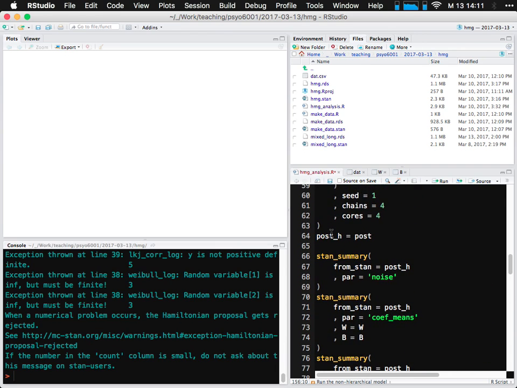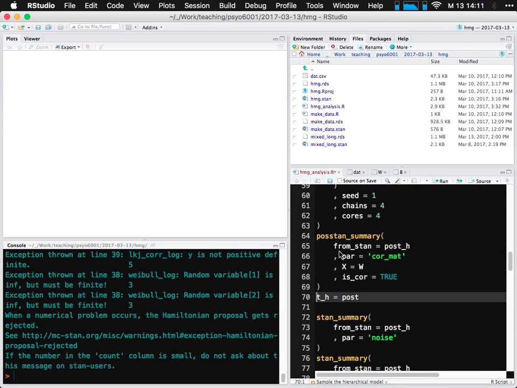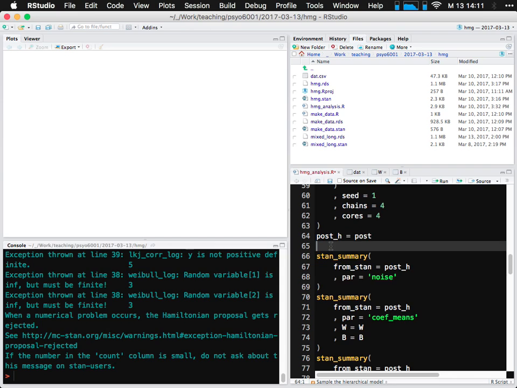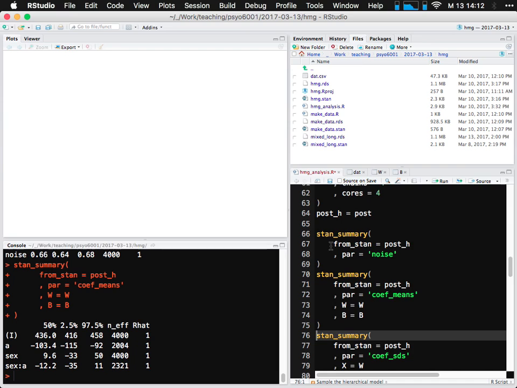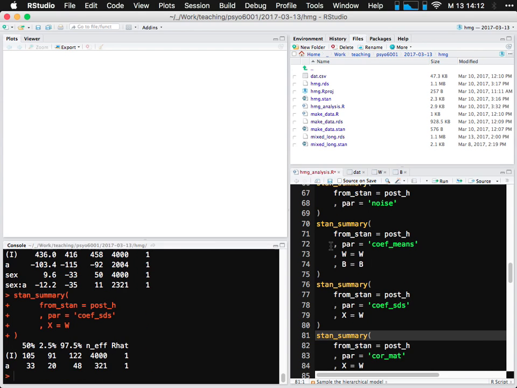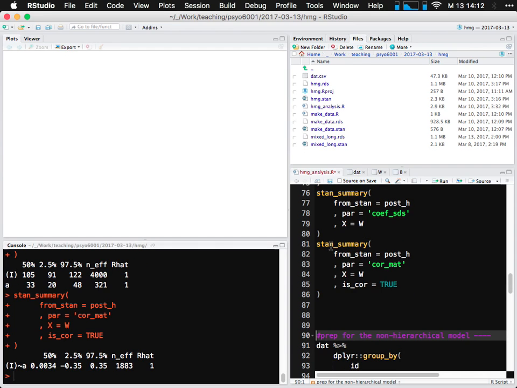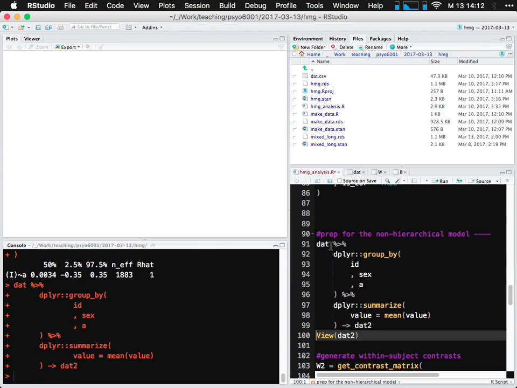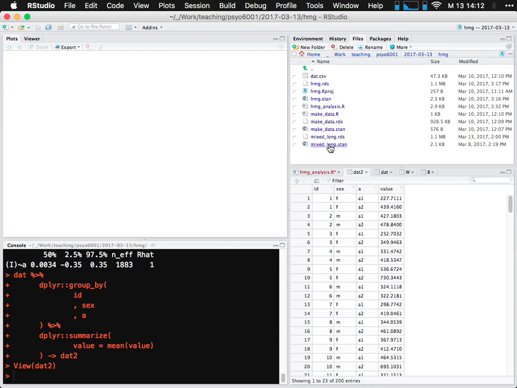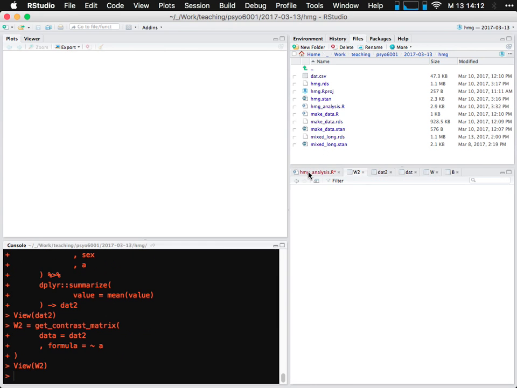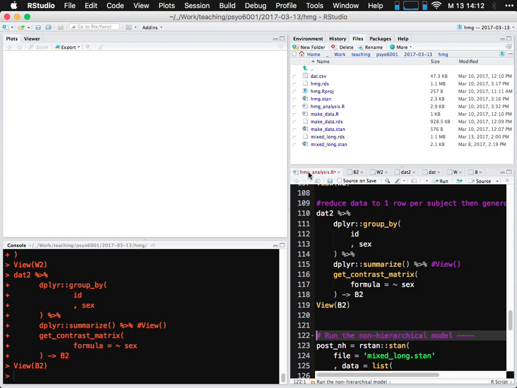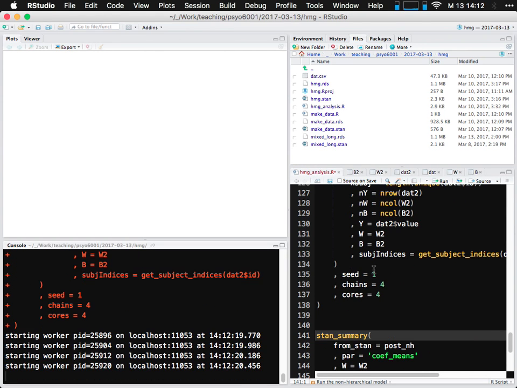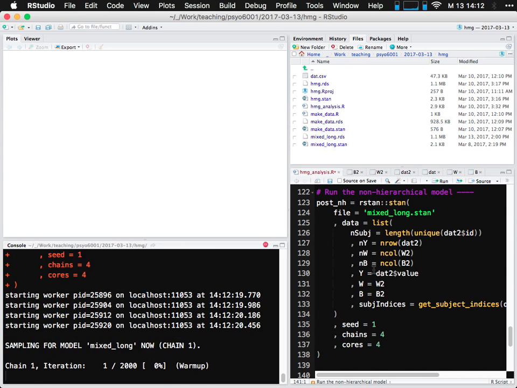All right, done sampling the hierarchical model. There's noise, there's the estimates of the coefficient means, there's our variability, and there's the correlation. Collapse to mean per condition, generate a contrast matrix for within, contrast matrix for between, run the non-hierarchical model.